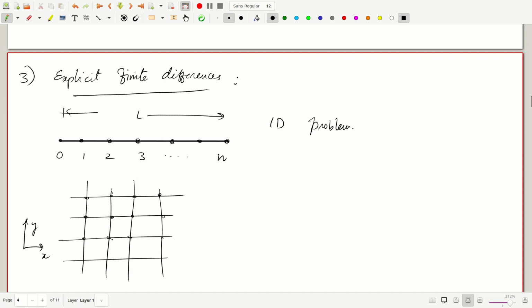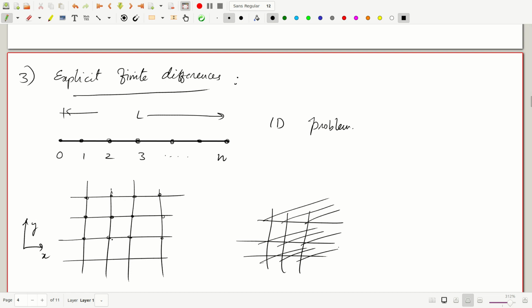Similarly, you can have a 3D system, where you have points in the third direction as well: x, y, and then using the right hand screw rule you have z. Then you may have m elements in the x direction, n elements in the y direction, or m by n by p in the x, y, z directions. Those are the numbers of grid points that you may have.